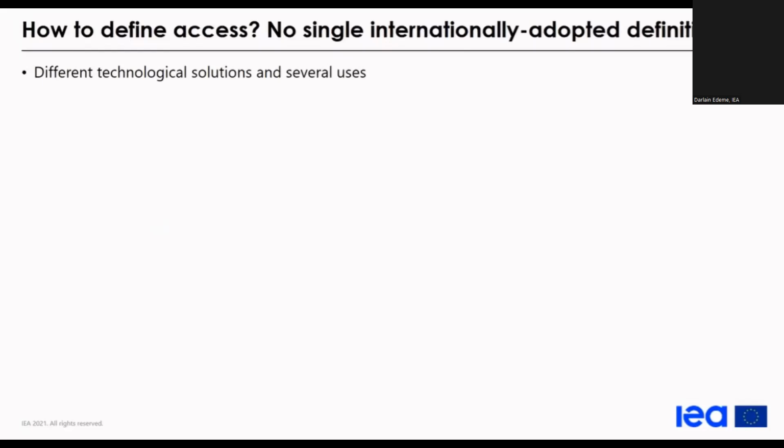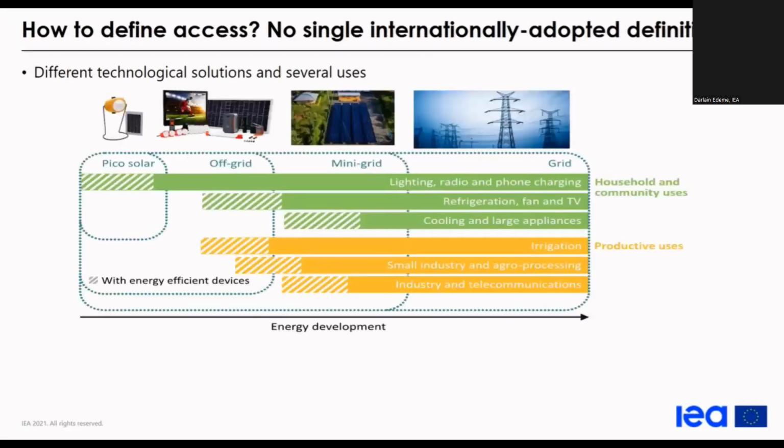When we discuss access to electricity, we should bear in mind that there are different technological solutions and also several uses of electricity. So on this simplified chart, you would see different technologies, and on the lines, you would see the type of service that households and communities would expect, and also more productive uses.